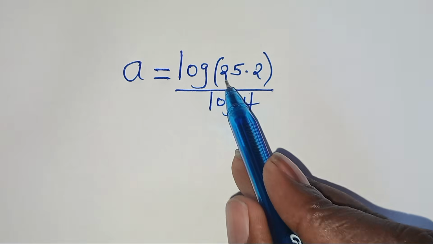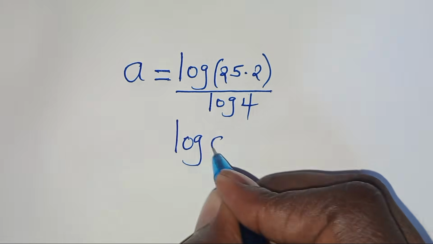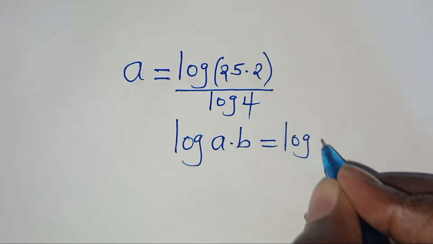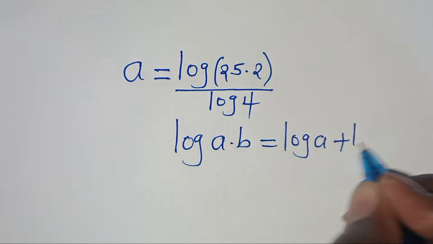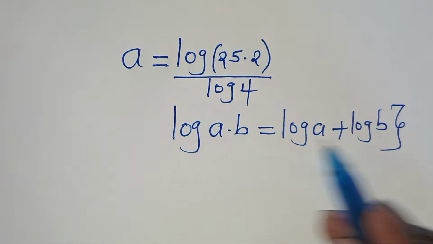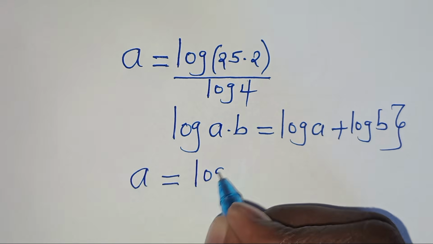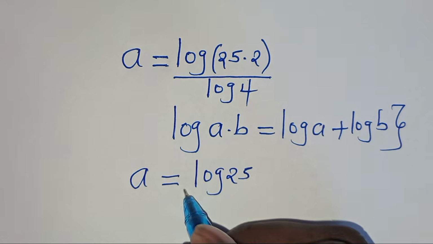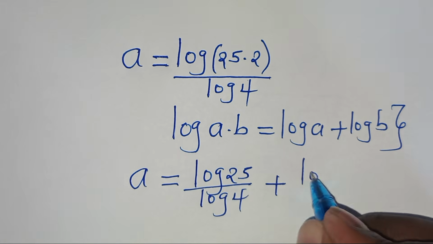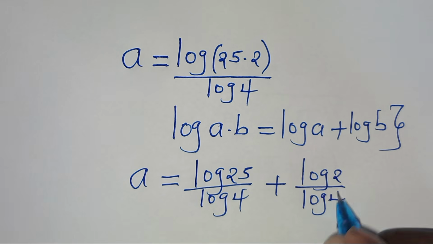We have that log 25 times 2, this is in the form of log a times b, which we can express as log a plus log b. Applying this logarithm property, we have a is equal to log 25 divided by log 4, then plus log 2 divided by log 4.